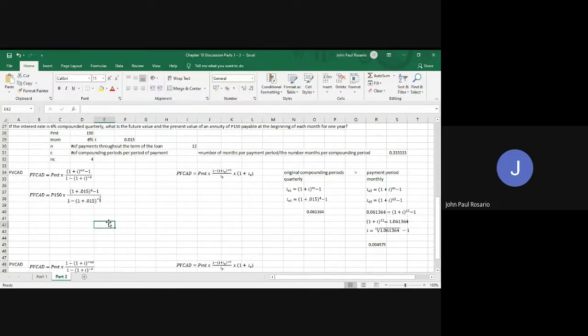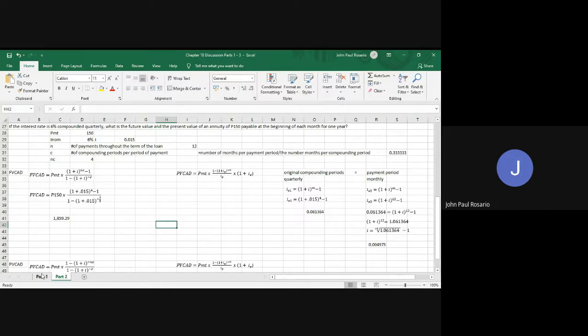So if you enter this in your calculators, this would be 150 times 1 plus 0.015 to the power of 4 less 1 over 1 less 1 plus 0.015 raised to the power of negative 1/3. So you should get 1,859.29.